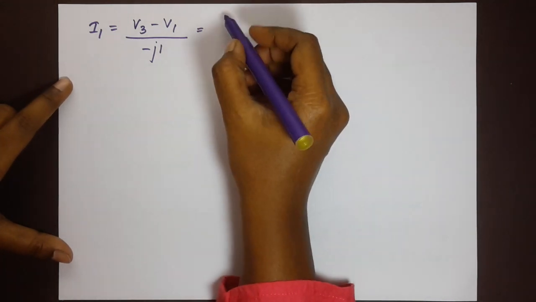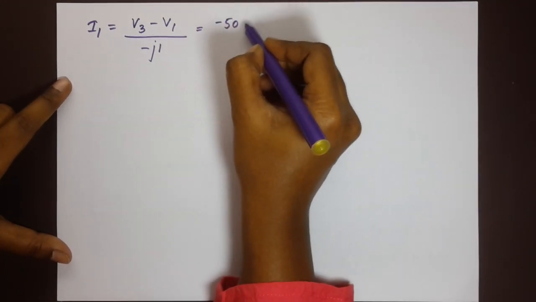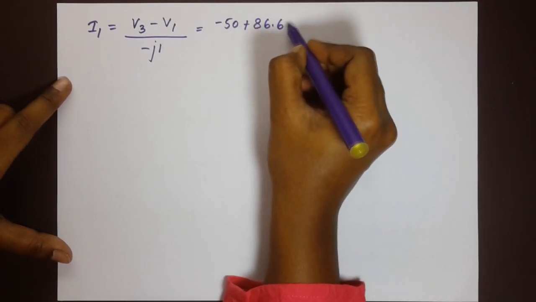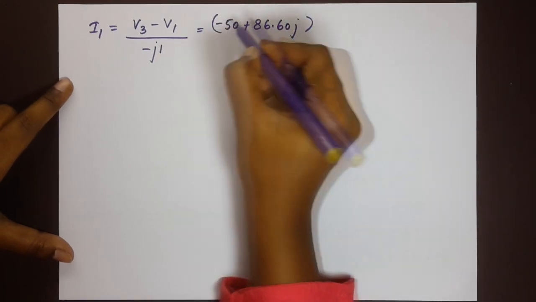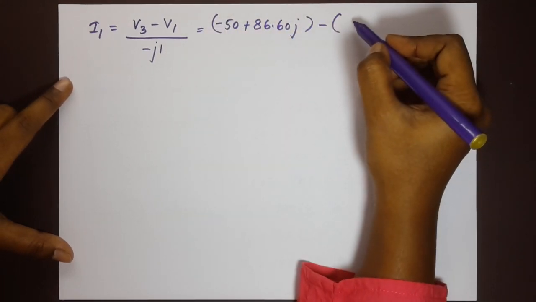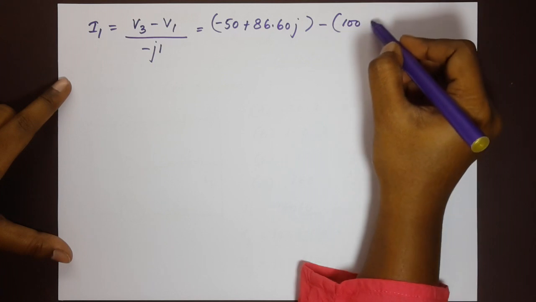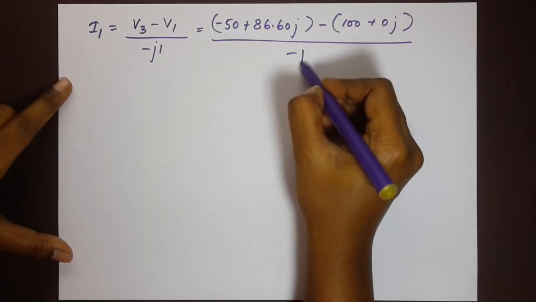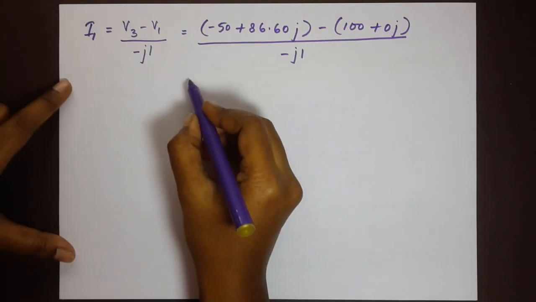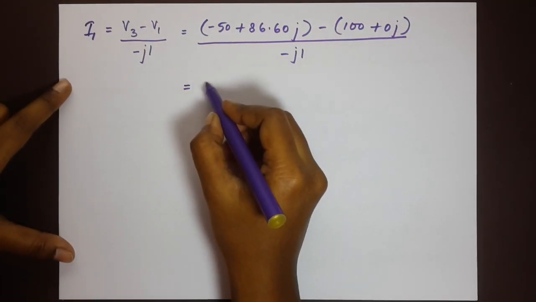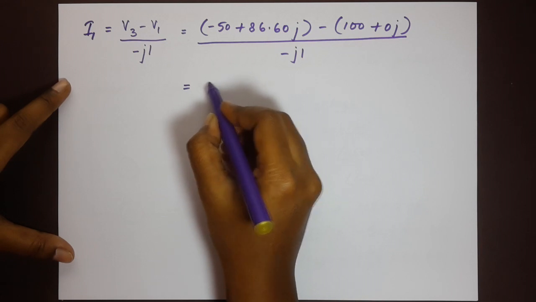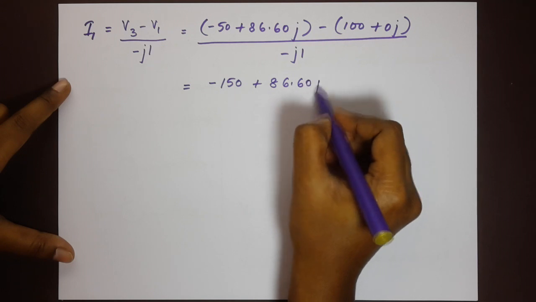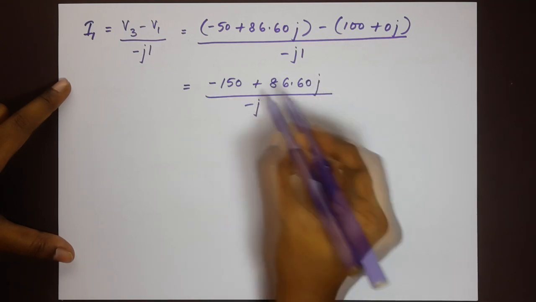We found V3 to be minus 50 plus 86.60 J, that's V3, minus V1, which is 100 plus 0 J, divided by minus J1. So this now gives us minus 150 plus 86.60 J divided by minus J.